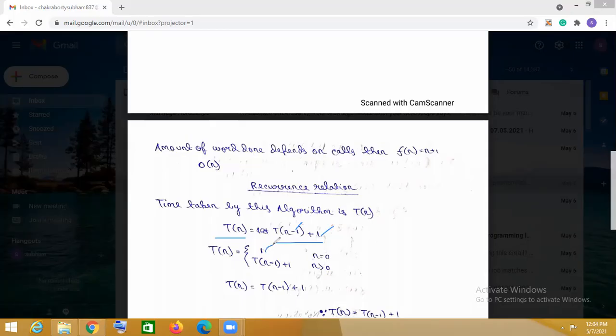No actions are performed, it is only checking the value, so it is mentioned as 1. And if the value is greater than 0, then the total time required is Tn minus 1 plus 1. Till now it is clear how we can write that.